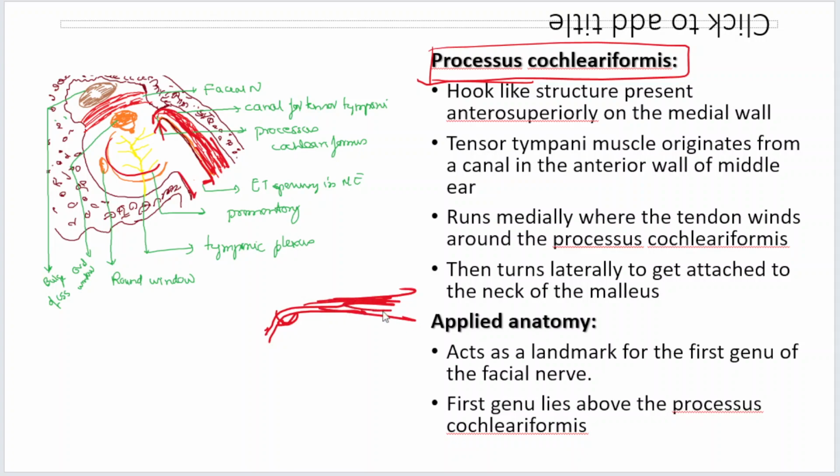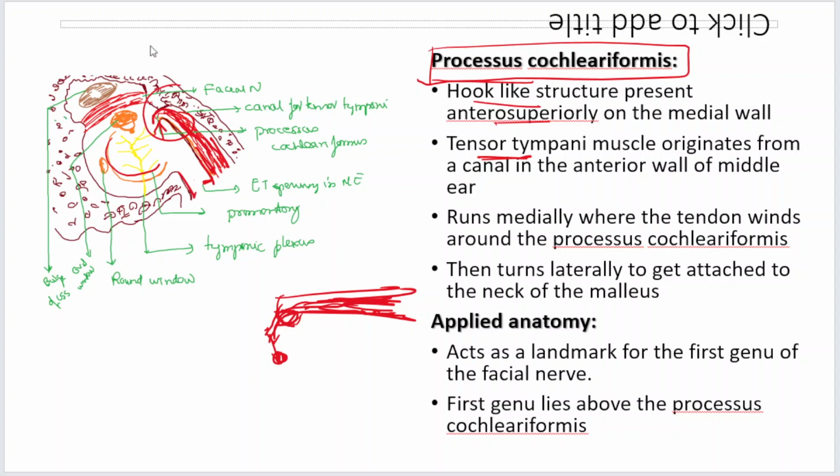This is the canal for tensor tympani, and it passes medially, and around this processus cochleariformis it hooks and starts traveling laterally to get attached to the neck of the malleus. Okay, that is the tensor tympani muscle. It's a hook-like structure present anterosuperiorly on the medial wall.